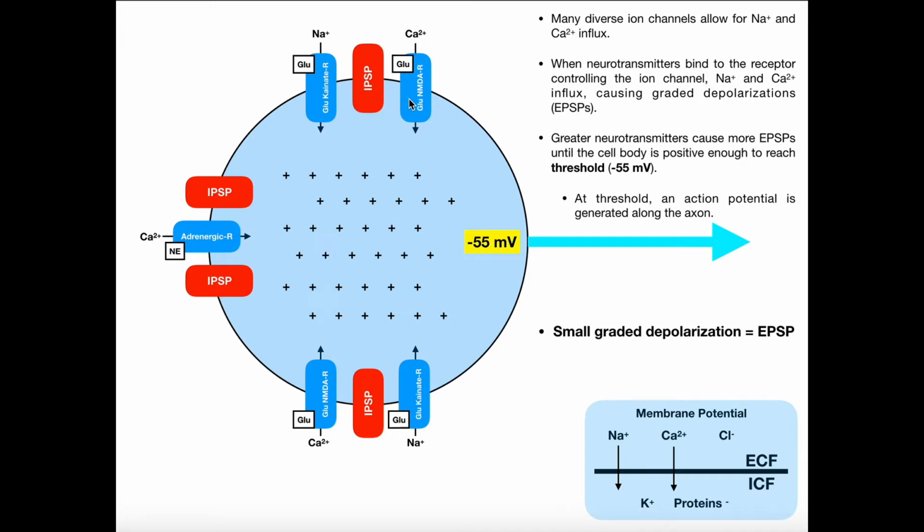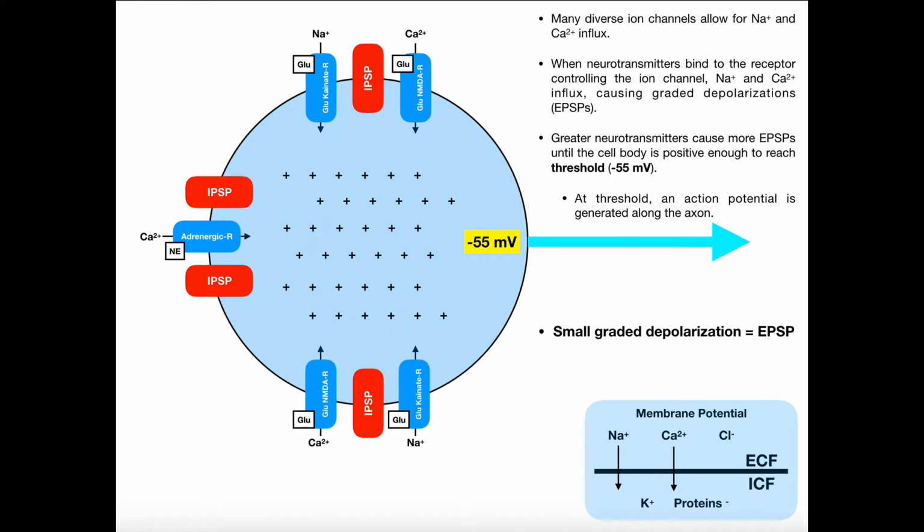But in these cases, we have positive charges that are influxing into the cell body or the dendrites, and that's making them more positive. And overall, all those positive charges are summed together. And if they sum enough to get the voltage of the cell to negative 55 millivolts, then you get an action potential. Now, these are the jobs of these specific neurotransmitters, the ones that control EPSPs.